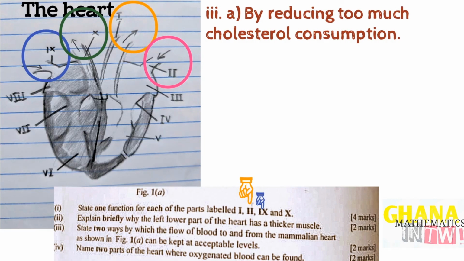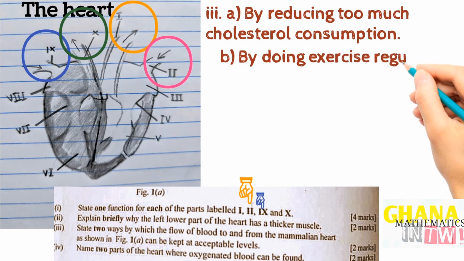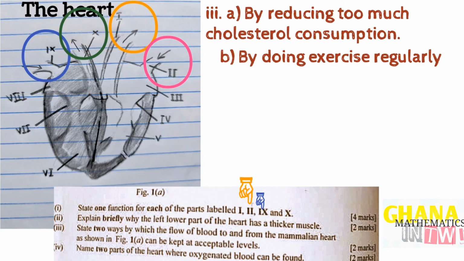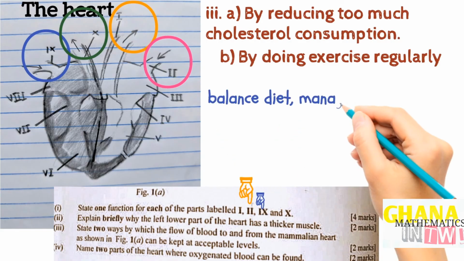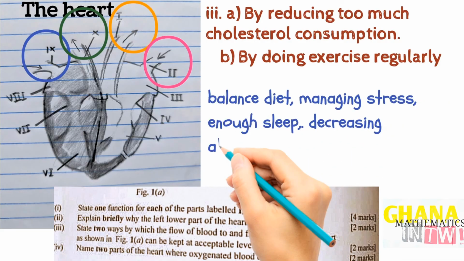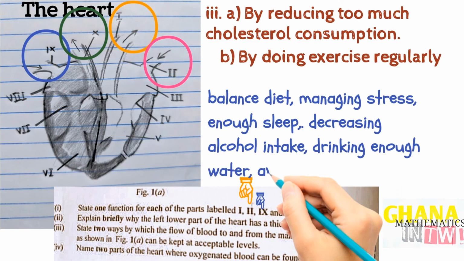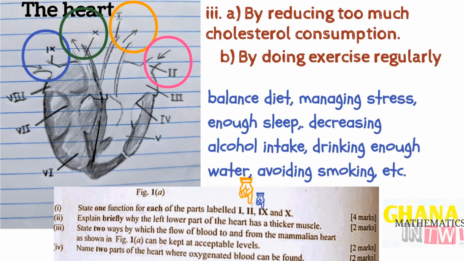The next question asks for two ways by which the flow of blood to and from the mammalian heart, as shown in figure I, can be kept at an acceptable level. We can say: reducing too much cholesterol consumption, doing regular exercise, eating a balanced diet, managing stress, having enough sleep, decreasing alcohol intake, drinking enough water, avoiding smoking, and many more.